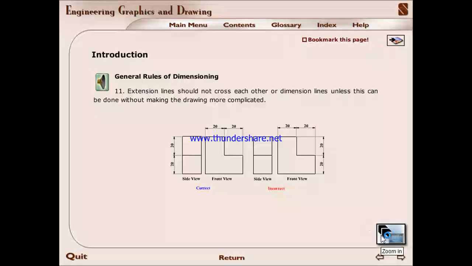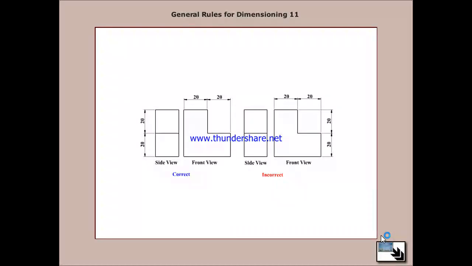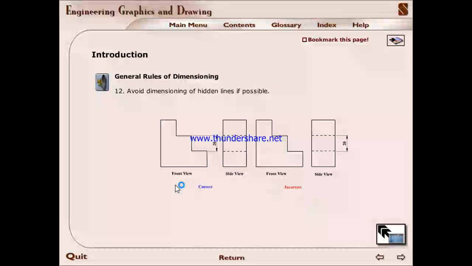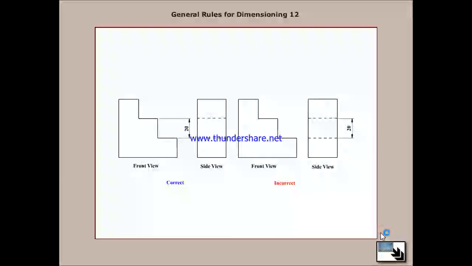Extension lines should not cross each other or dimension lines unless this can be done without making the drawing more complicated. Avoid dimensioning of hidden lines if possible.